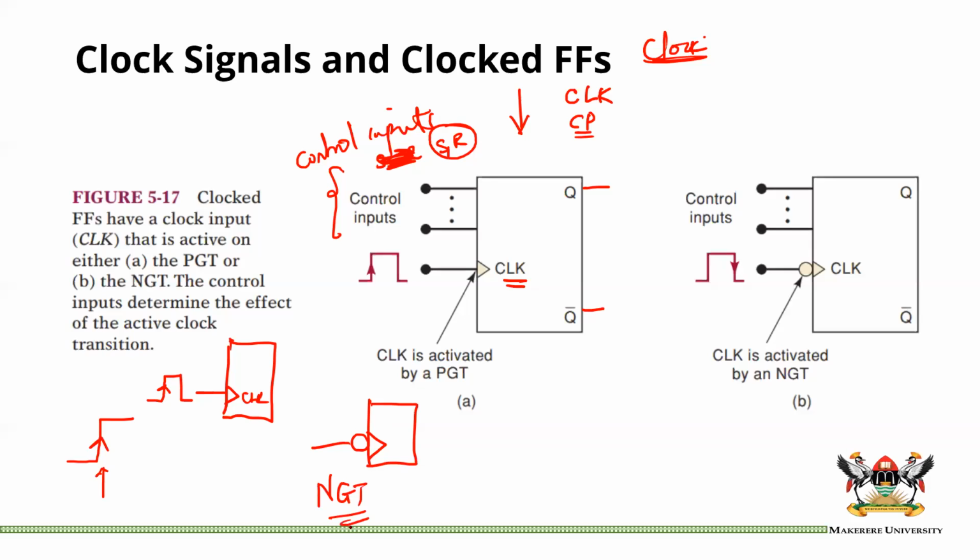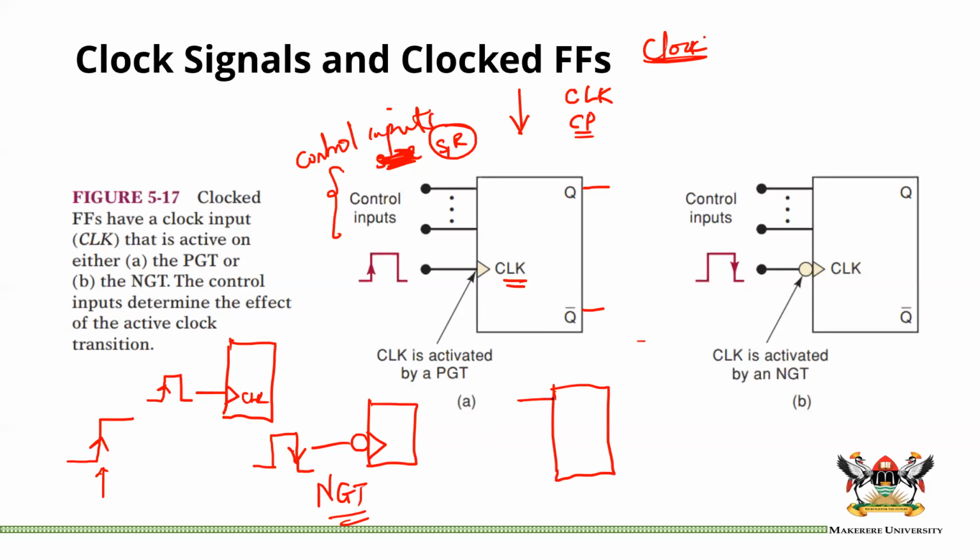I don't need to tell you, but sometimes you will see something drawn like this, but in this case, the arrow will be there. This arrow tells you that we are moving from a 1 to a 0, so that is a negative going transition. Here, the active transition of the clock is PGT. Here, the active transition of the clock is the NGT. Sometimes, actually, most of these we have two inputs as well.